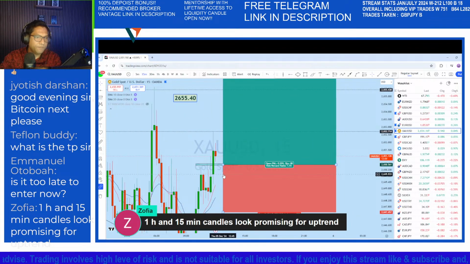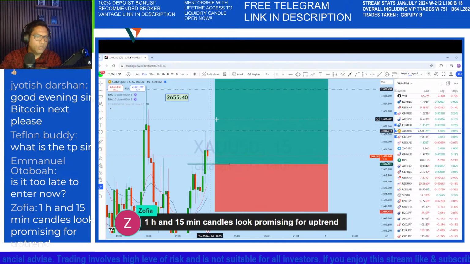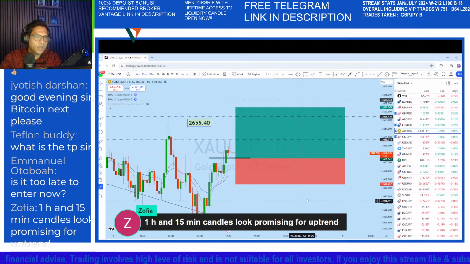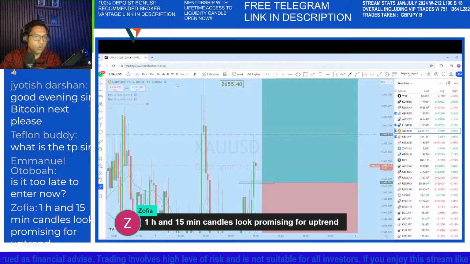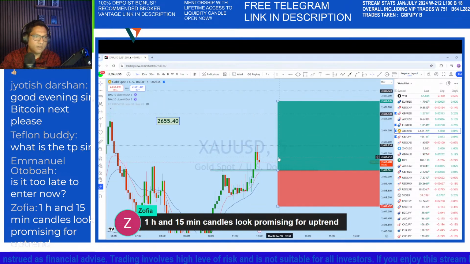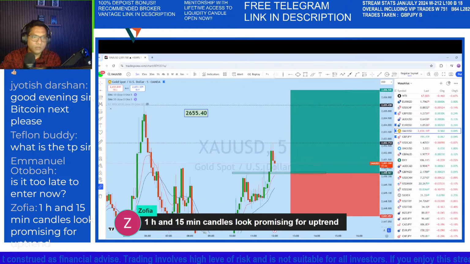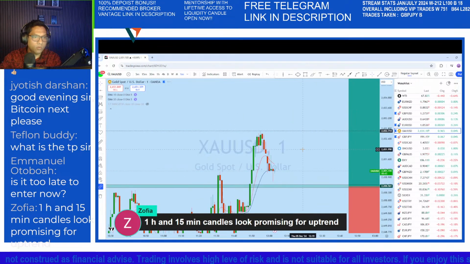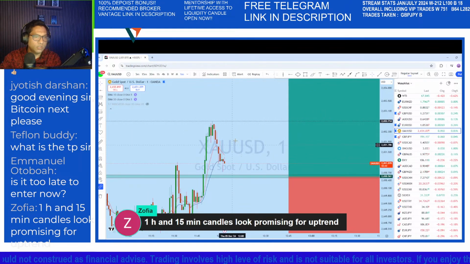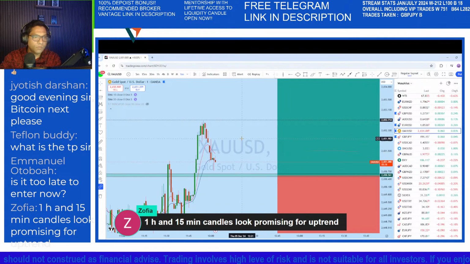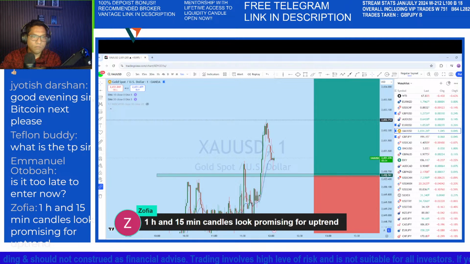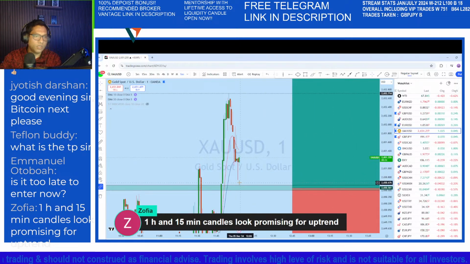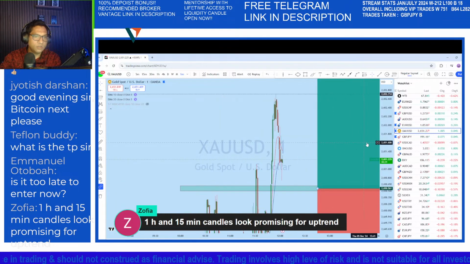There's a gap here. After this gap opened, the market formed this bullish structure, and therefore if we look at the lower time frame, you can see that here is the 1 minute chart. Okay, so you can see the market slowly trying to bounce. You can see a doji formation.